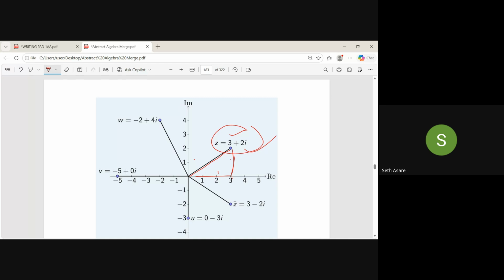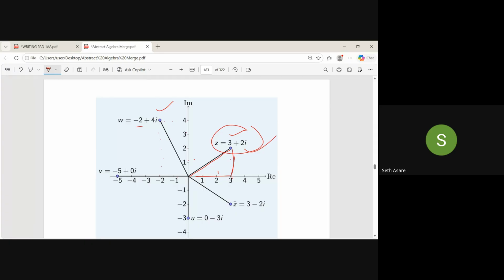Now, when we look at W, the real part is -2 this way, and the imaginary part is 4 up, 1, 2, 3, 4. So that is how we are plotting it, like we are plotting our coordinates on the normal plane.